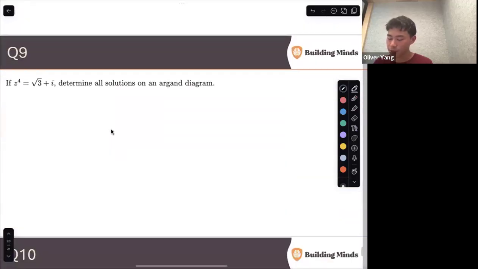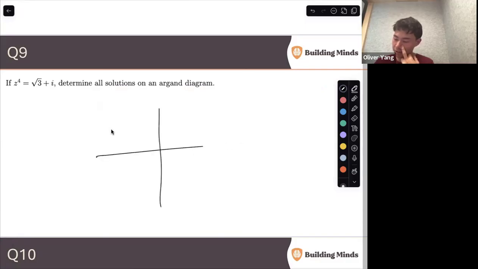No, but you've got to do all the solutions. So you've got to go through k equals 0, 1, 2, and 3, and then draw it. So you should get equal solutions, like 45 degrees sort of thing. Sorry, not 40. Yeah. This should be a solution, I think.